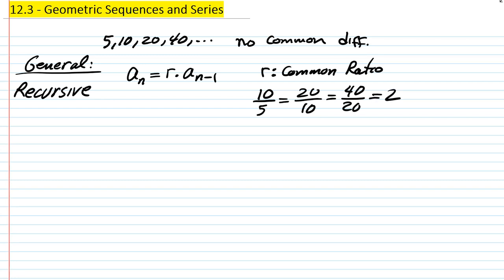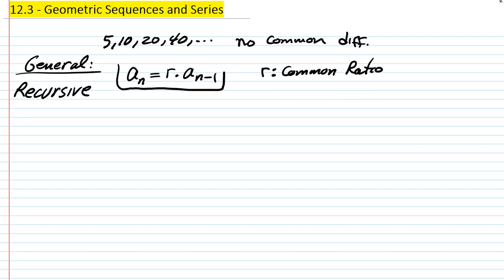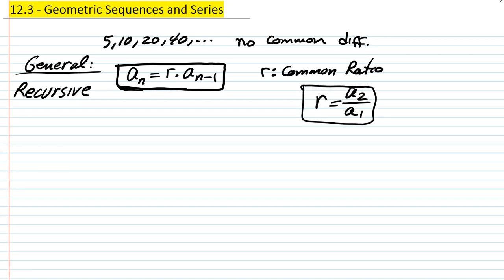All of these ratios are the same and hence a common ratio. But when we write it, we usually write it the way you see it in a recursive formula: a sub n is when you multiply a previous term by a common ratio r. In order to find a common ratio, by the way, usually we divide the second by the first term, and that will give us a working common ratio.